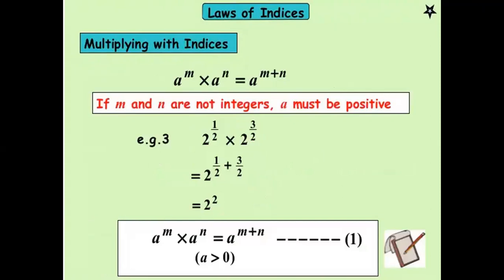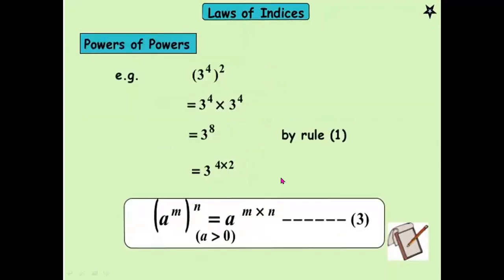Even if the indices are fractions, you still add those fractions. Same in here: a to the power of m times a to the power of n is equal to a to the power of m plus n. Please understand that one.